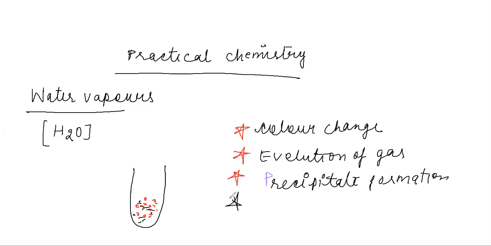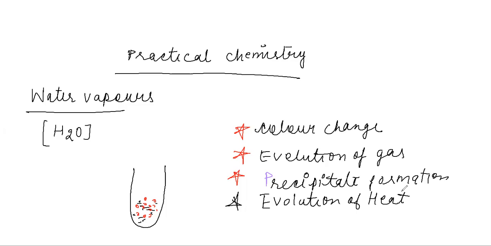There is one more observation, that is evolution of heat. Evolution of heat means you are doing the experiment in your test tube and your test tube becomes warmer. It means the reaction is exothermic in nature. When your test tube becomes hot, you can say the reaction is exothermic.